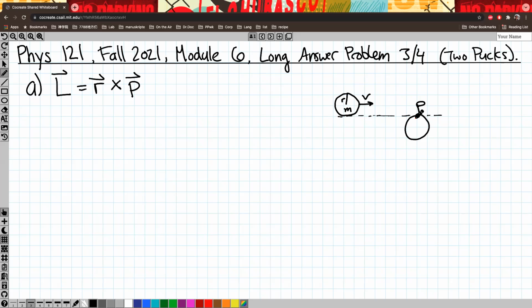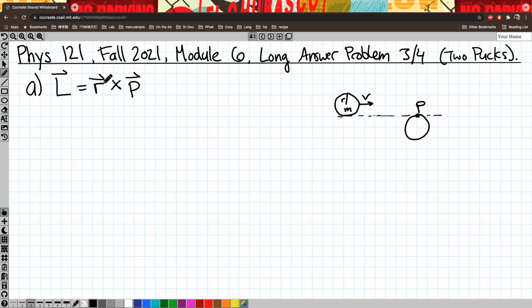Well, I'm still thinking there's no angular momentum because it says before the collision, right? Yeah. But if we were to just calculate r cross p, in fact, lowercase r is the radius of this.